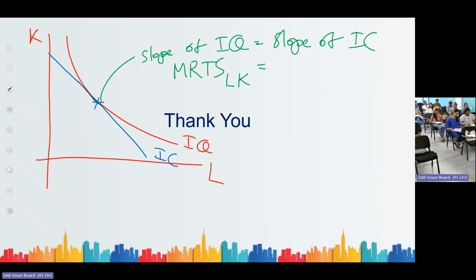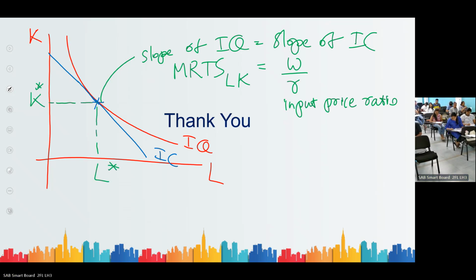The slope of the isocost is the input price ratio, which is W over R. And at that point, we find L star and K star.